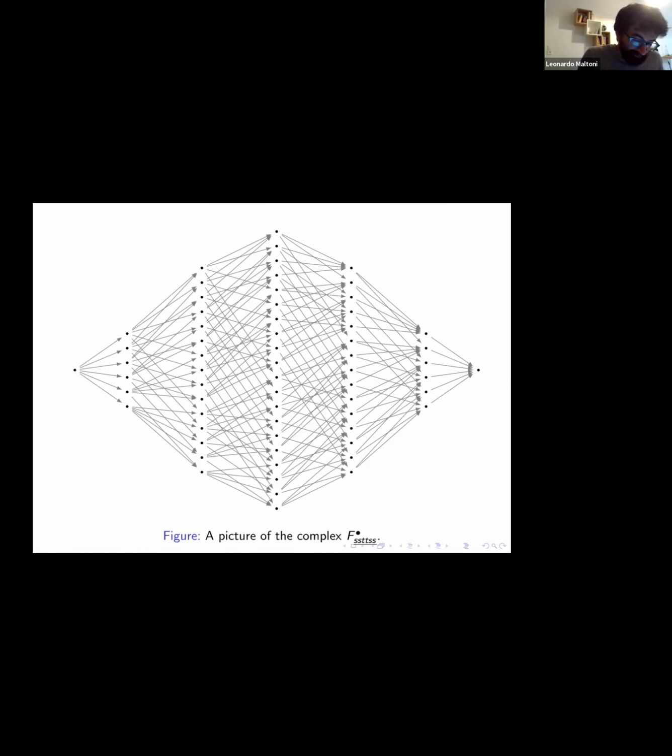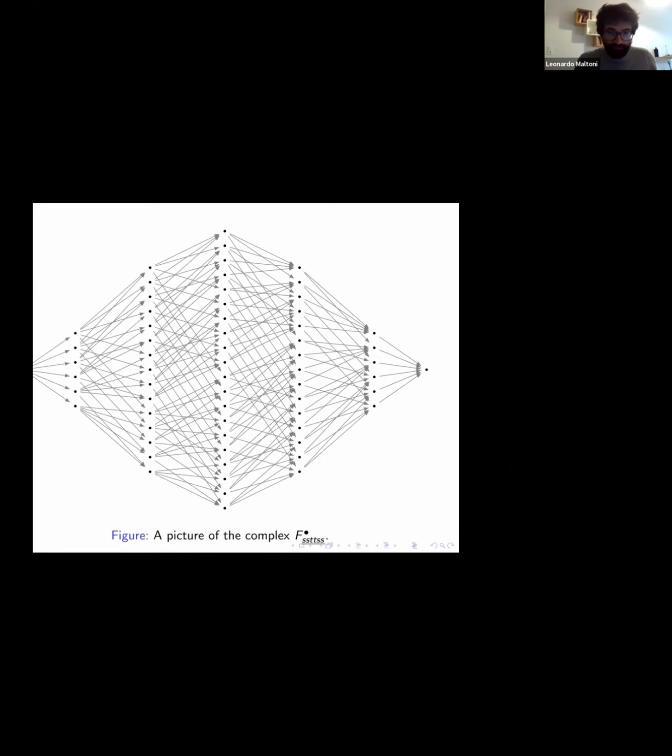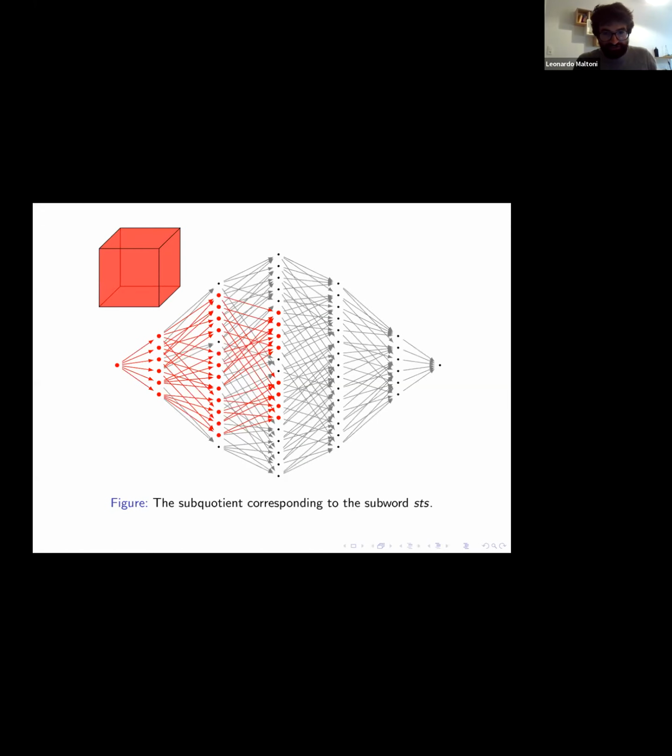So we can simplify this by finding inside it some distinguished subcomplexes. So for each subword of SS, TT, SS in this case, there is a subcomplex which contracts to a single object. And this contraction is done via a homological algebra technique, which is called Gaussian elimination for complexes.